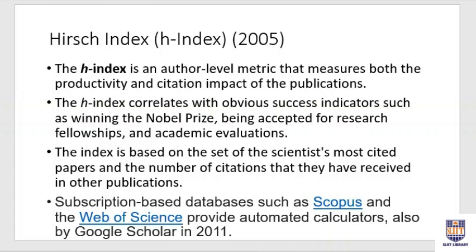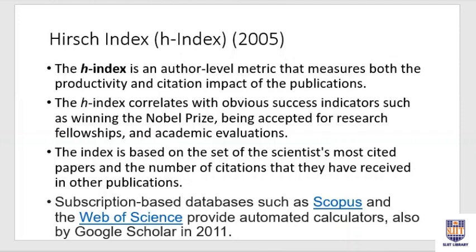Then the H index. H index is an author level metric that measures both the productivity and the citation impact of the publications. It correlates with obvious success indicators such as winning Nobel Prizes, being accepted for research fellowships, and the academic evaluations for senior lecturers, associate professors, full professors, and also for vice chancellors and department chairs.